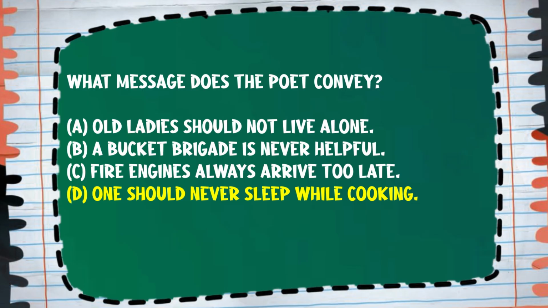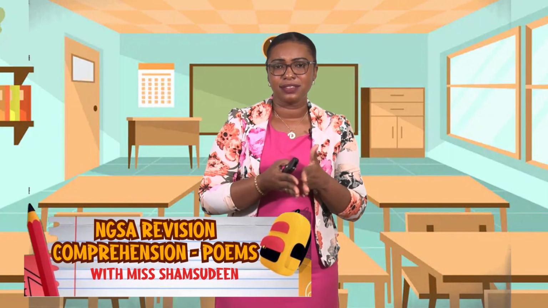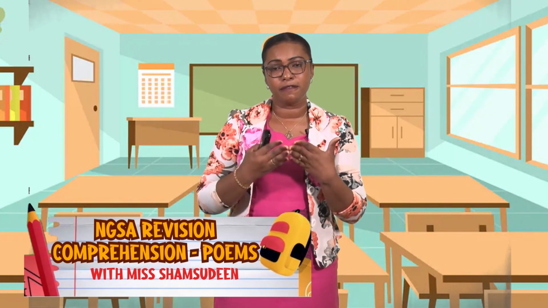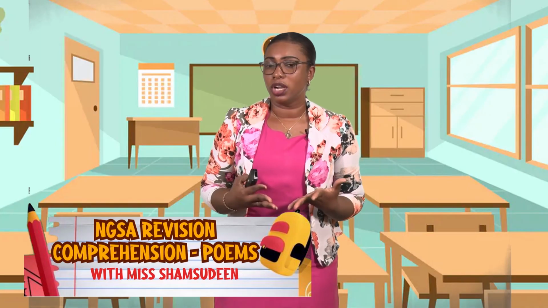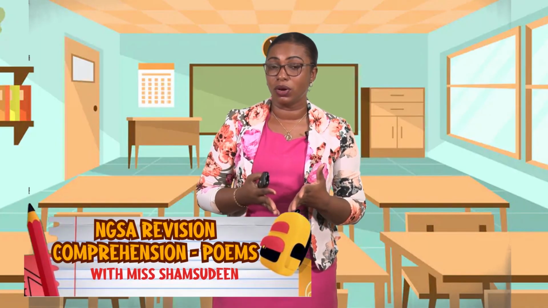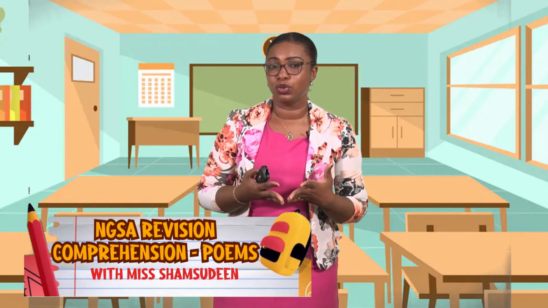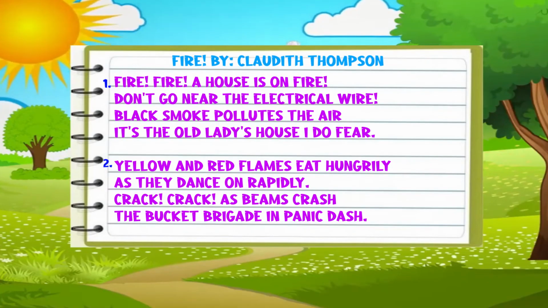Now, for a poem like this, you could also be given a word and asked to find a rhyming word from the poem. So your knowledge of rhyming words has to also be on par. You have to know words that rhyme. Now look at the first stanza. Could you pick the words that rhyme?